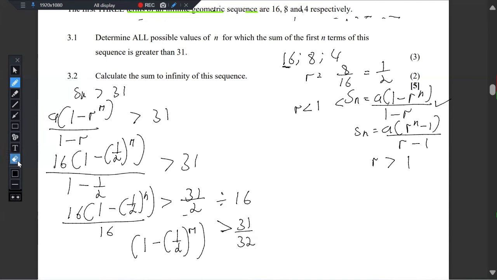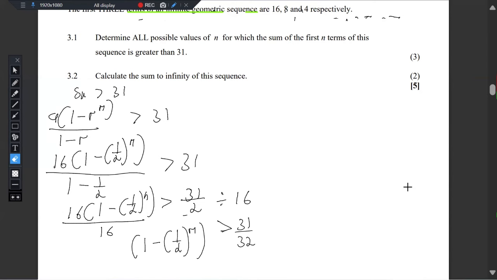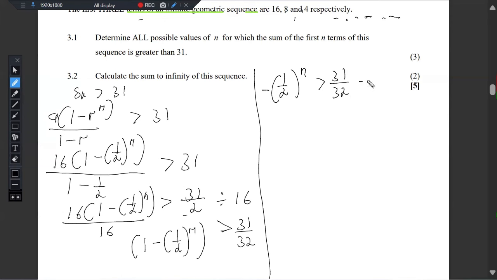At this point, you can take this 1 over to that side. So you are left with negative 1/2 to the exponent of n greater than 31/32 minus 1.